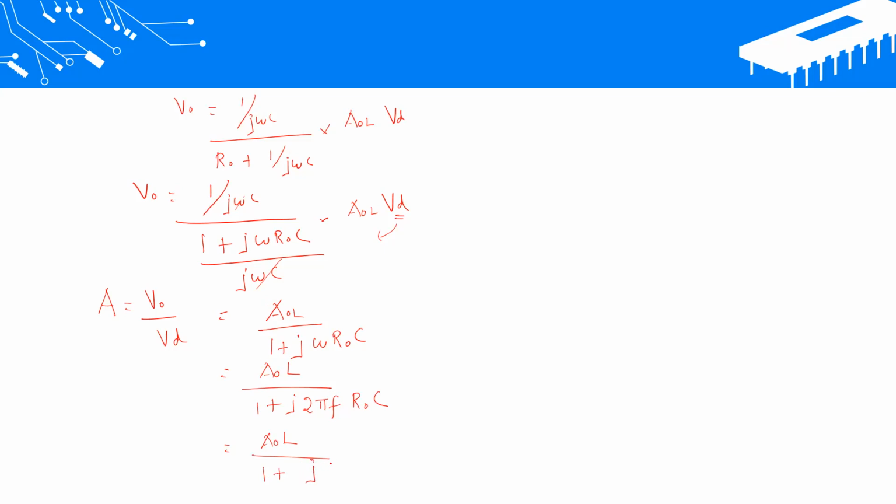AOL will come as such, and 1 plus j f by f1, I'm writing like this, where f1 equals 1 by 2 pi R naught C. So if we put 1 by 2 pi R naught C as f1, we are changing the equation to f by f1.